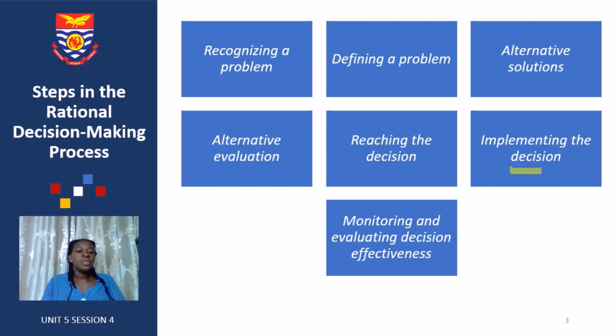Then you evaluate the decision as well, to make sure that if you are going off course, we put you back. If it's going better than expected, we also note it for future decision making. So these are the steps in making rational decisions.